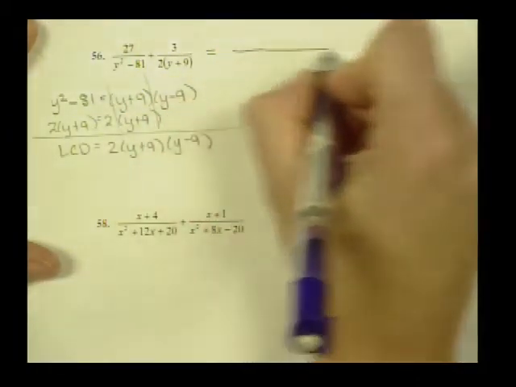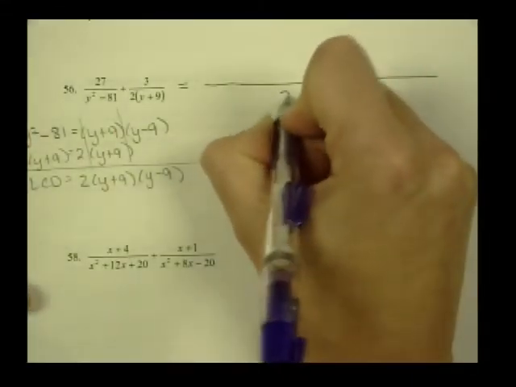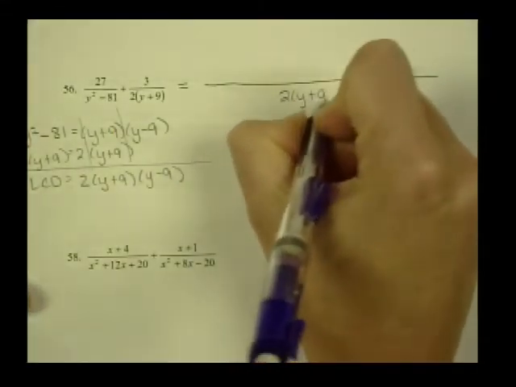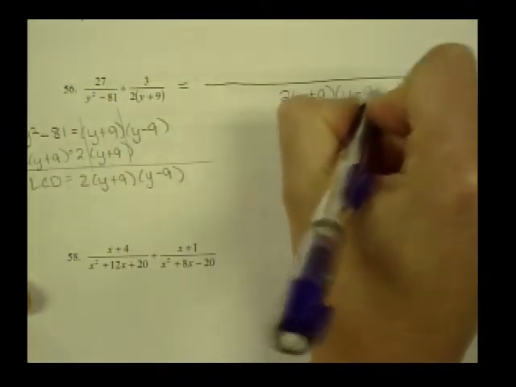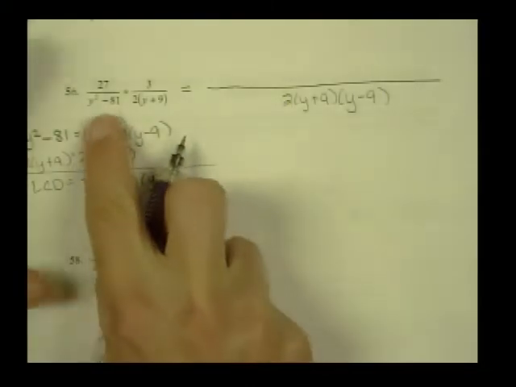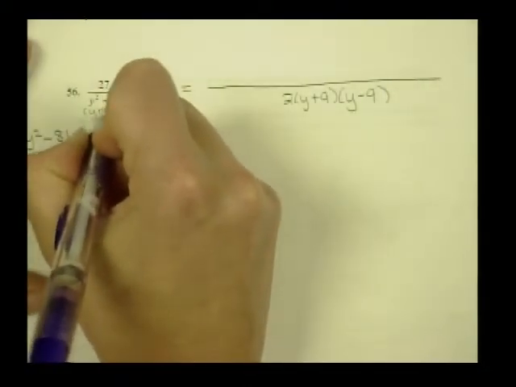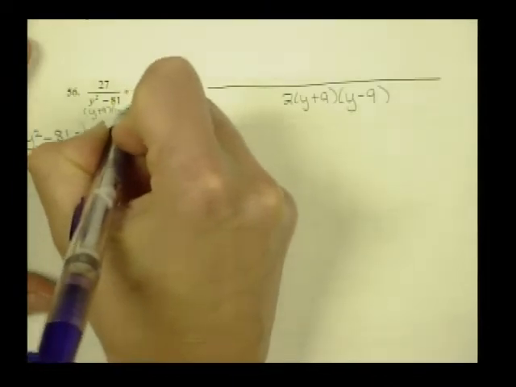So I'm going to go ahead and skip to the step where I just make one big fraction over the LCD. So remember, y squared minus 81, that's y plus 9 times y minus 9. That's how we factored it.